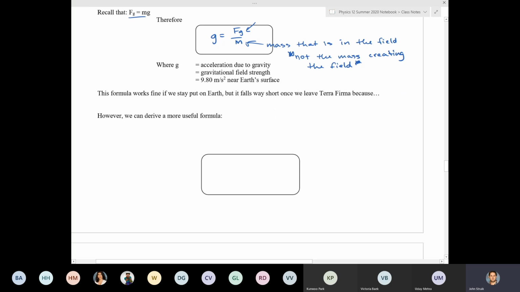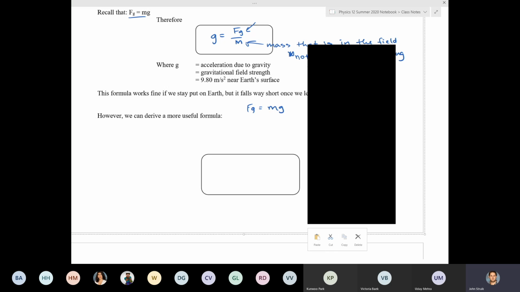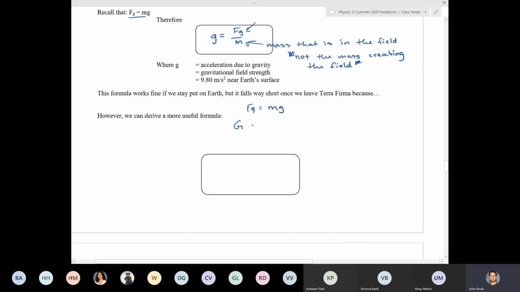Okay, so based off of this, I'm going to base it off of Fg equals mg. Now remember that we have a new formula for Fg, and that is G m over r squared equals mg.